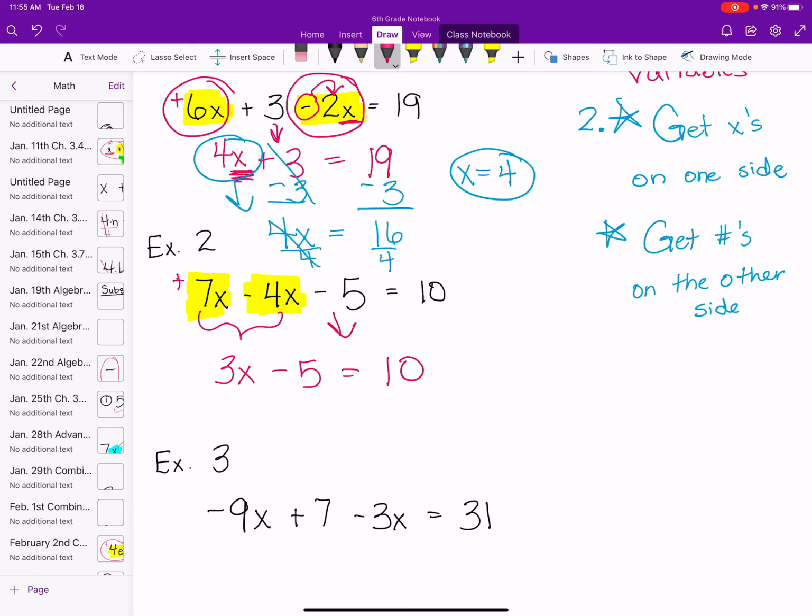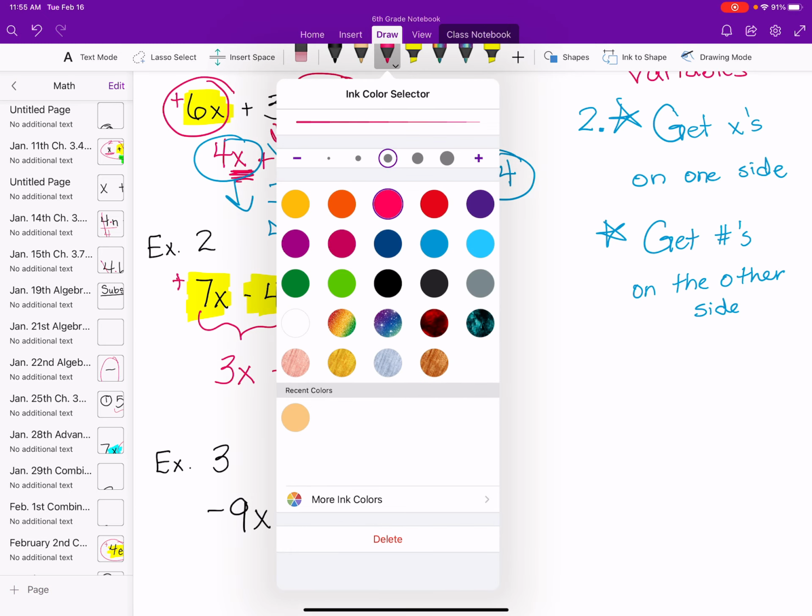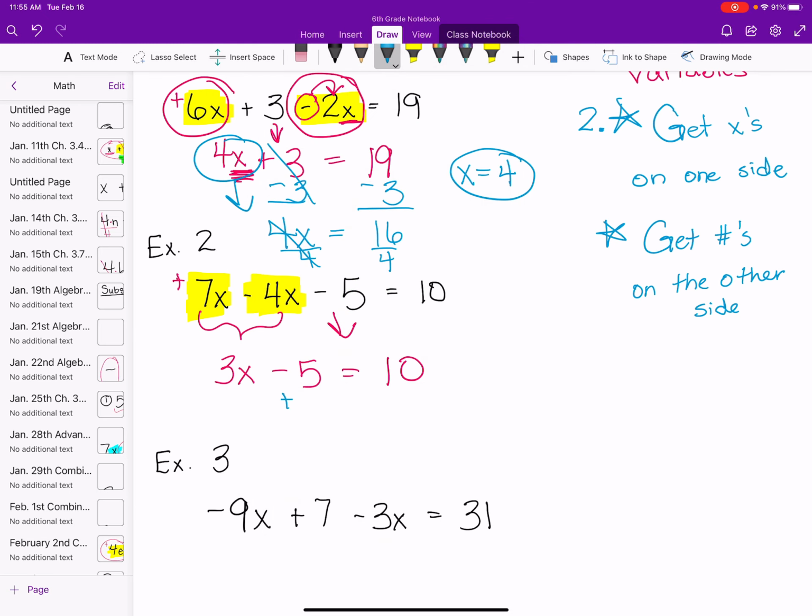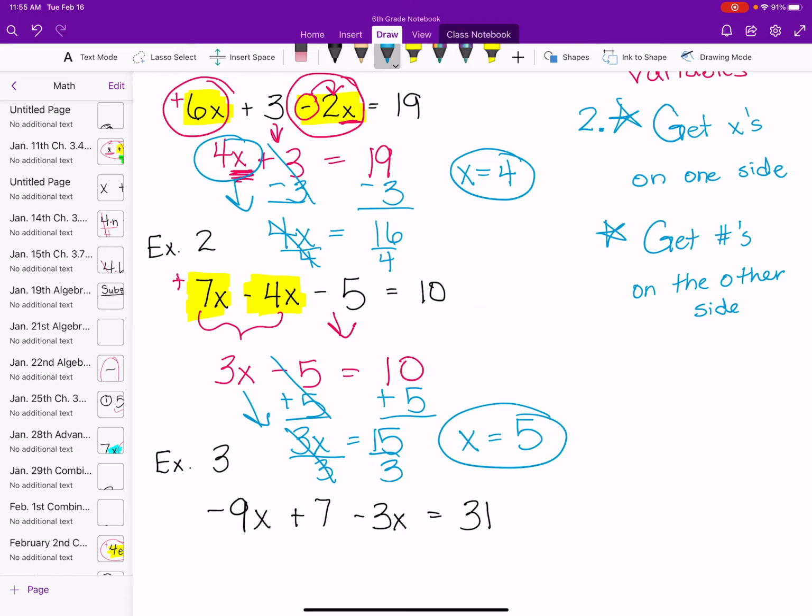I'm going to do the opposite of minus 5, which is plus 5. Bring down my 3x is equal to 15, and divide by 3 on both sides. And then I get x is equal to 5. Sorry if you can hear my family in the background. And so x is equal to 5.